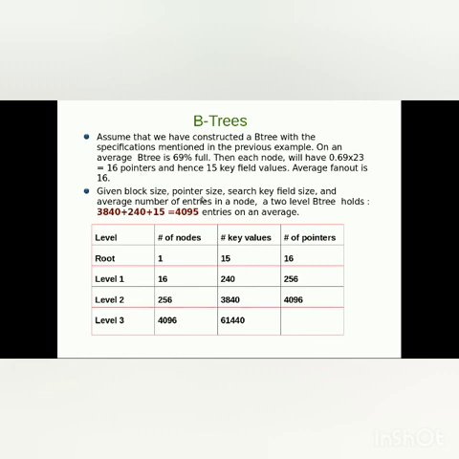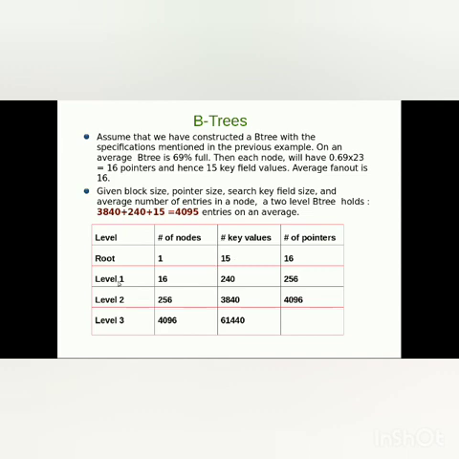Given the block size, pointer size, search key field size, and average number of entries in the node, a two-level B tree will have 3840 plus 240 plus 15, that is 4095 entries. We'll check how it comes. At the root level, the number of nodes is 1, the number of key values is 15, and the number of pointers is 16: 16 tree pointers and 15 key values, only one root, one node.